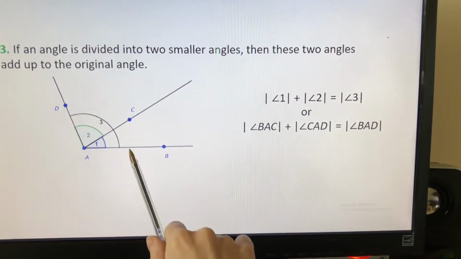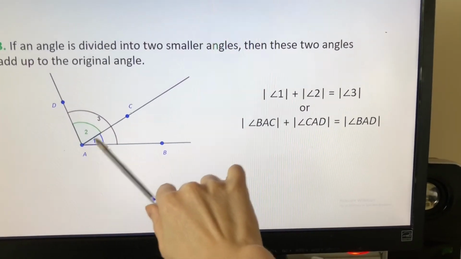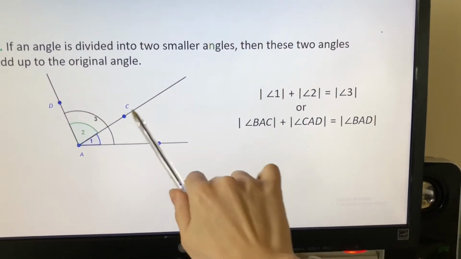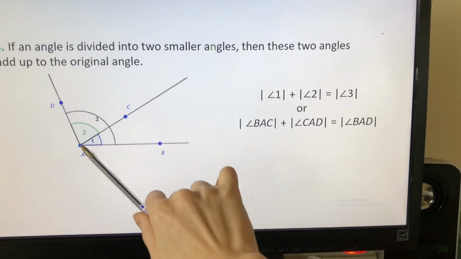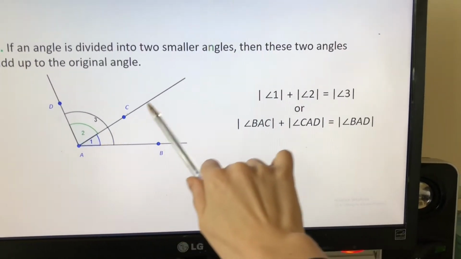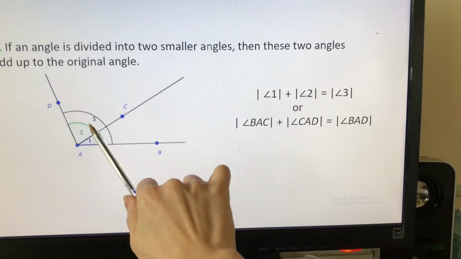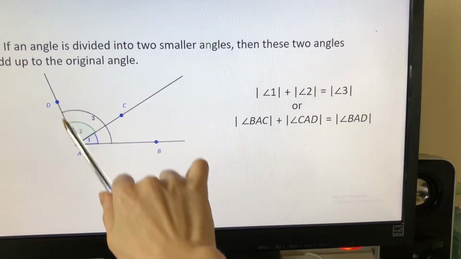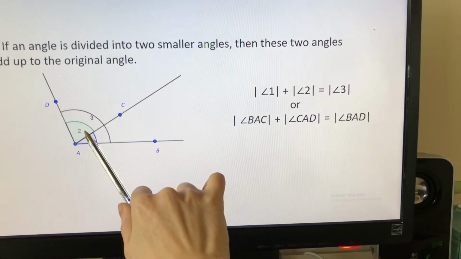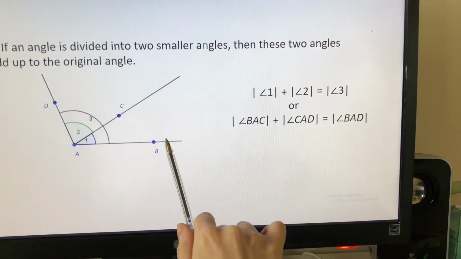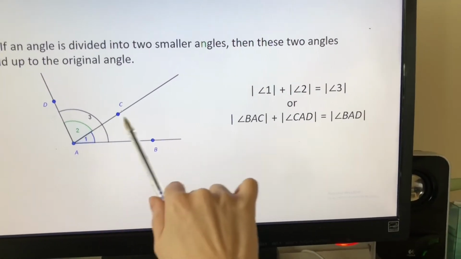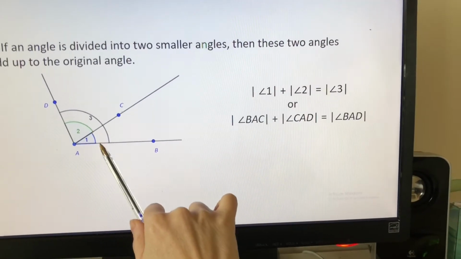If we cut it into two smaller angles by creating this ray AC, we now have an angle CAD, which we could call angle 2, and an angle BAC, which we can call angle 1.